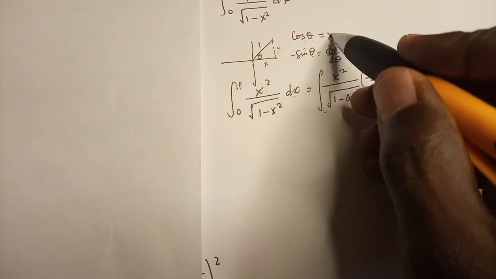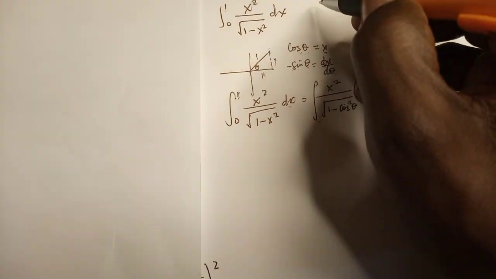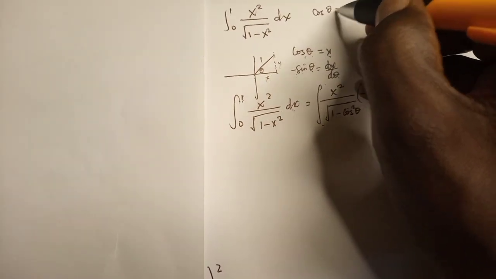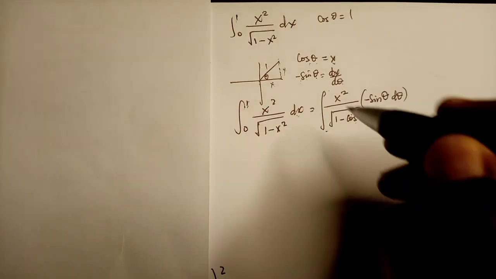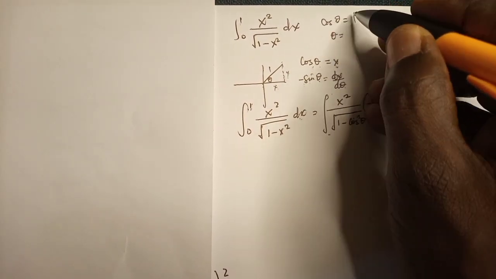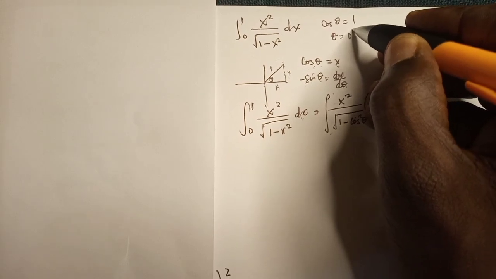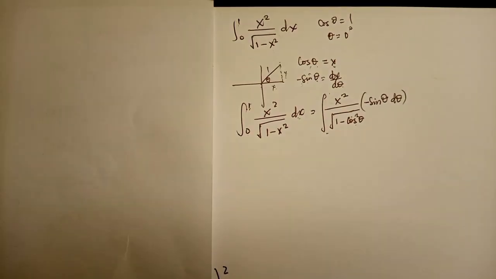When x is 1, theta will be what? We have cos theta equals 1, so theta equals cos inverse of 1, which equals 0 degrees.